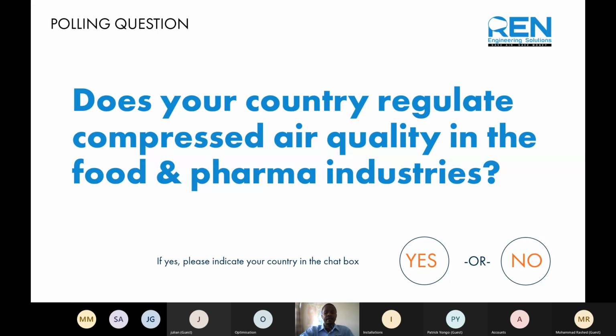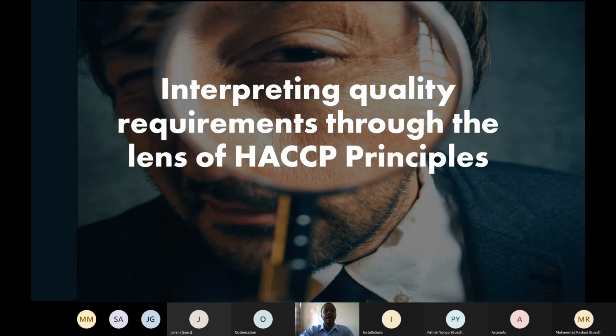In the next part of this presentation, we will look at how to interpret quality requirements through the lens of HACCP principles. And I'll just quickly explain what is HACCP. HACCP stands for Hazard Analysis Critical Control Points, which is an internationally recognized method of identifying and managing food safety.